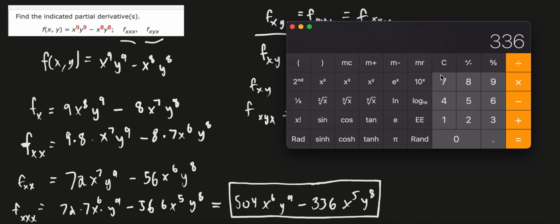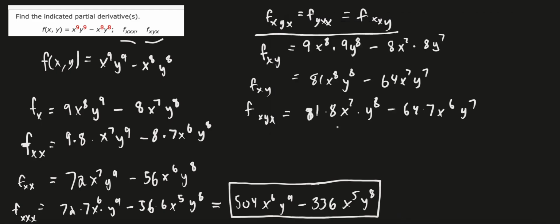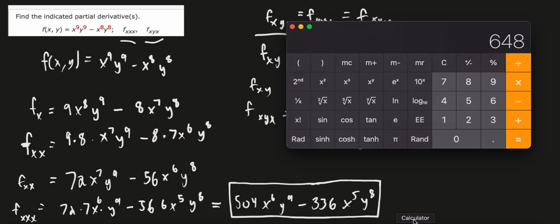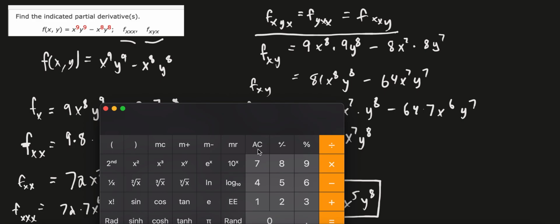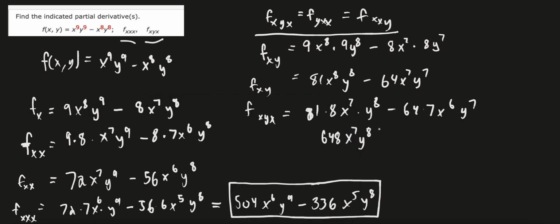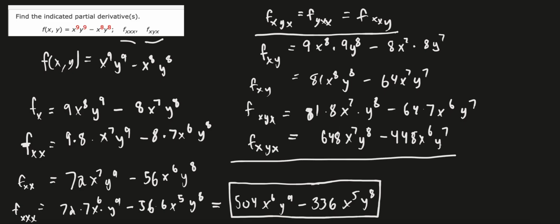What is 81 times 8? 648 x to the 7th, y to the 8th. 64 times 7, 448. That's f x y x. Okay. Technically we're done with the problem, but I just wanted to prove a point that these should be equal.